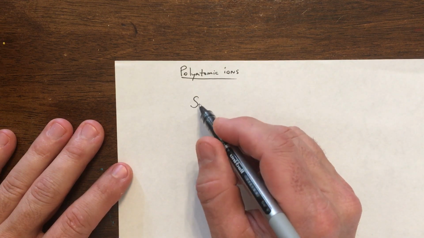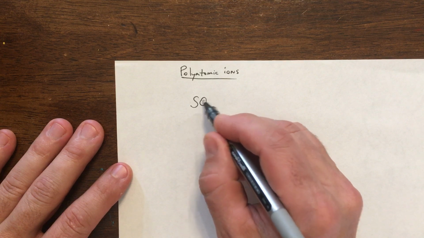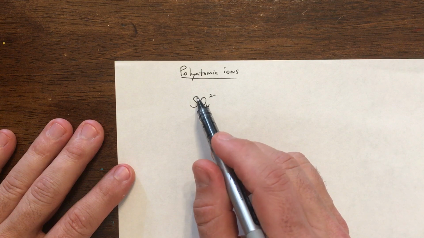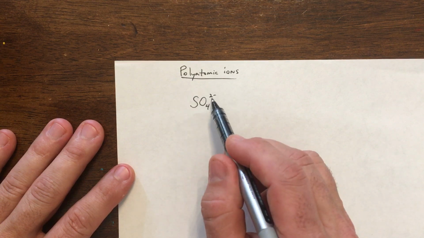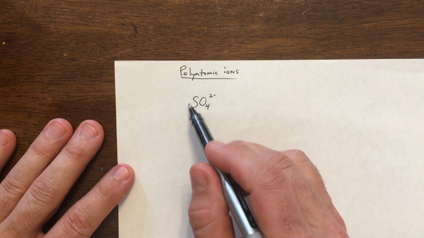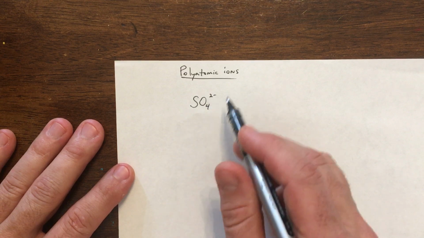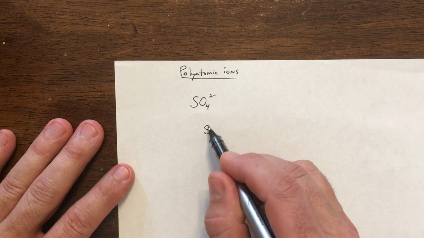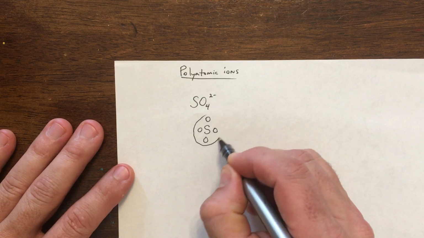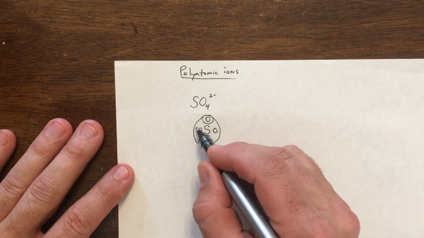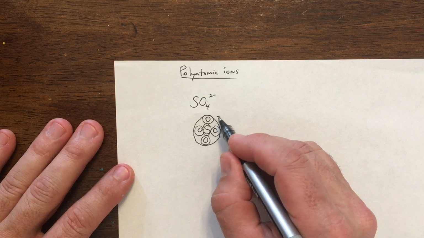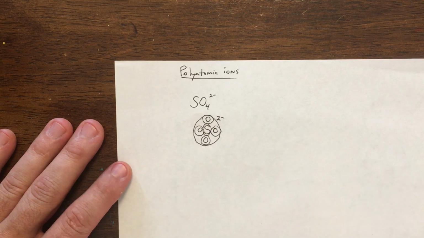We have, for example, sulfate, SO4 2-. What's going on here is this entire entity has a 2- charge. So SO4 2- means the whole thing has gained 2 electrons. You're talking about sulfur and 4 oxygens, and each of these would be an atom, and then this whole thing has gained 2 electrons.